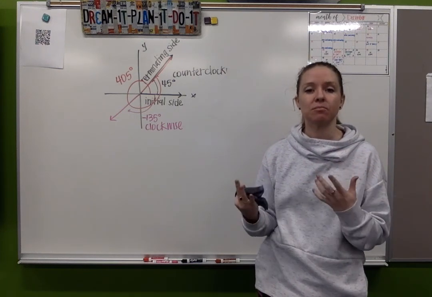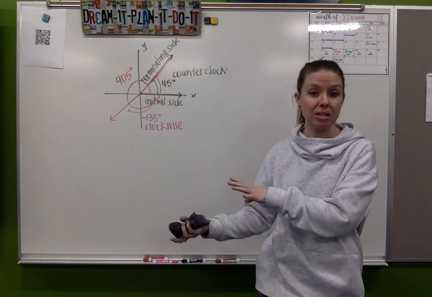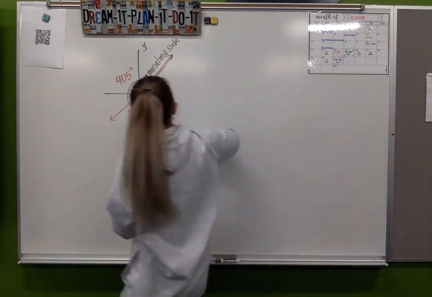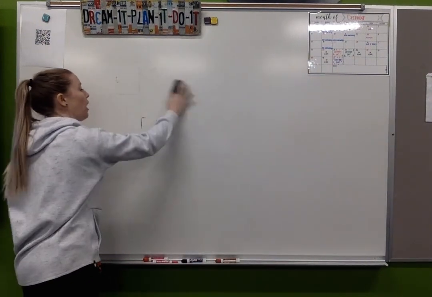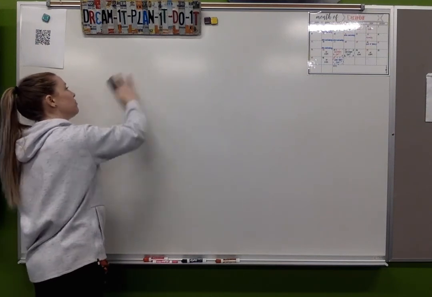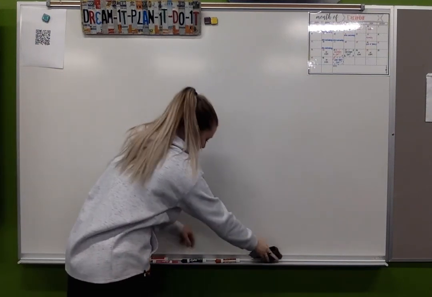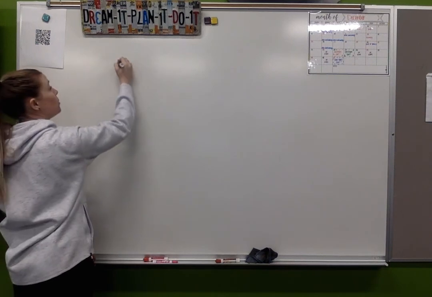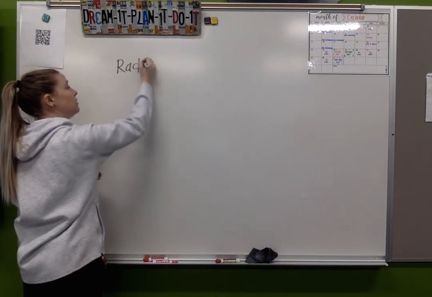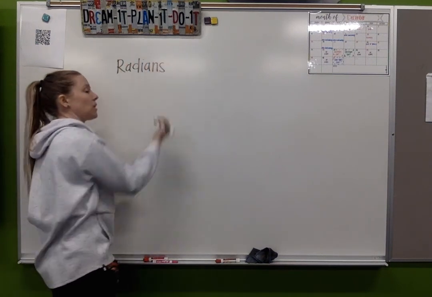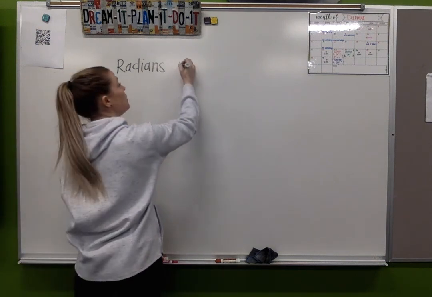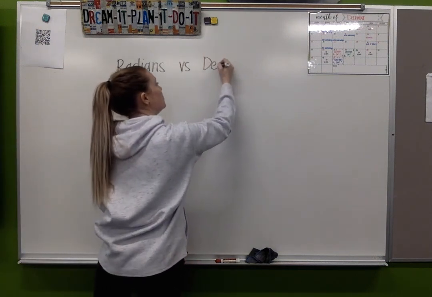Okay, they're different types of measurement, but we can get the same measurement. There is another type to measure our angles, and it is called radians. So we're going to be talking about radians versus degrees.